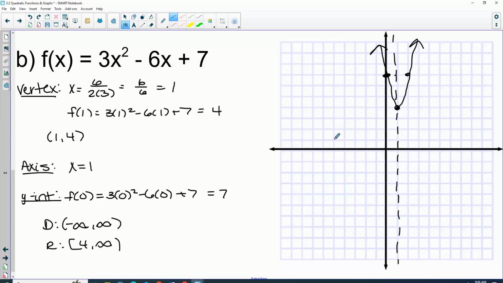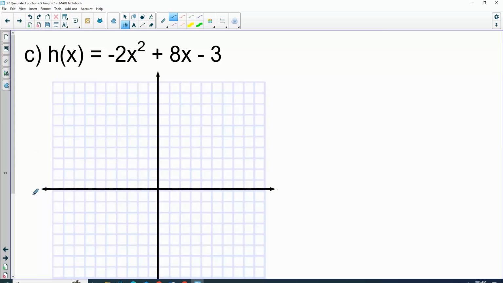Doing okay so far? Okay, one more. Can you guys tell me, does this parabola open up or down? Down. So does it have a maximum or a minimum? Maximum. Okay.